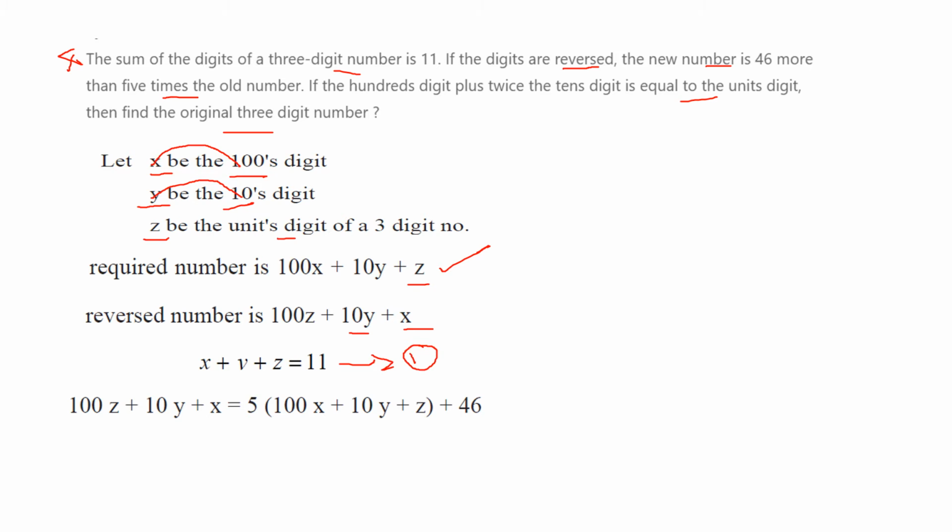If the digits are reversed, we write 100z plus 10y plus x equal to 46 more than, meaning plus 46, 5 times the old number. 5 times means multiply, so 5 into our old number 100x plus 10y plus z.